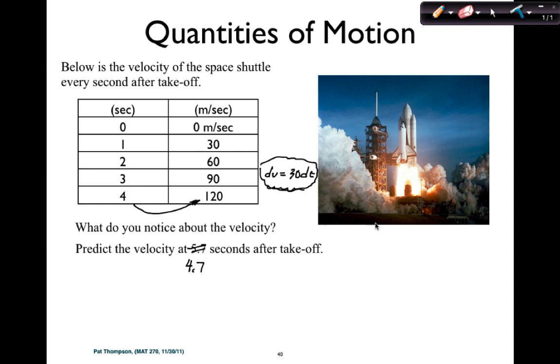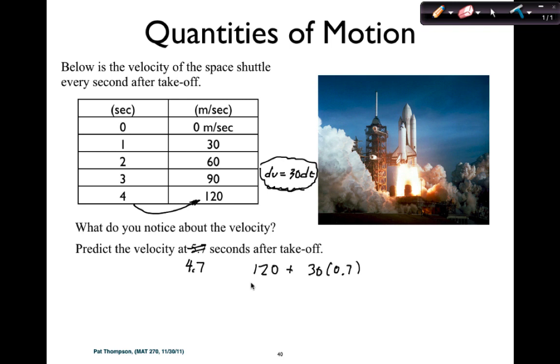All right, so Steve, did you do that? Yeah. Tell me. It's 30 times 0.7 plus 120. So 120 plus 30 times 0.7. What do you think? And this is exactly like total accumulation, right?